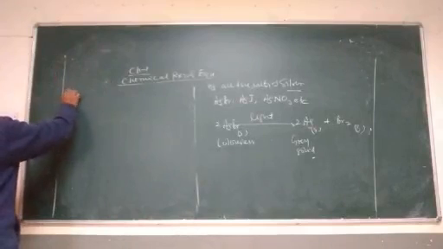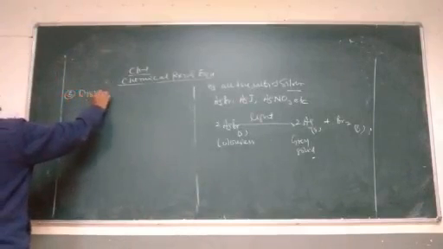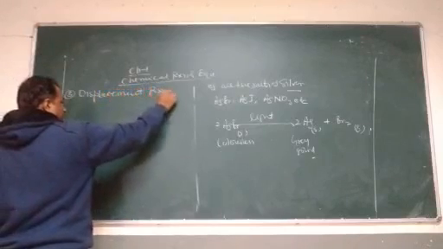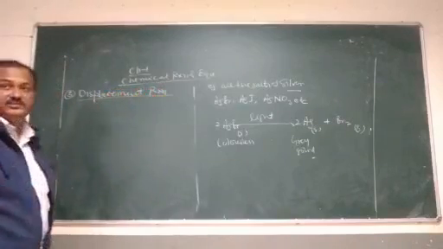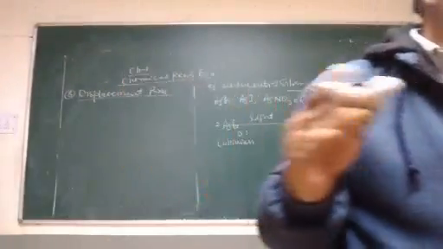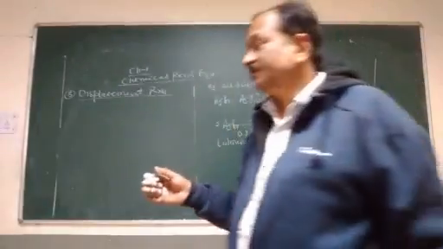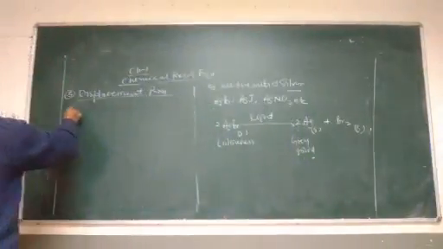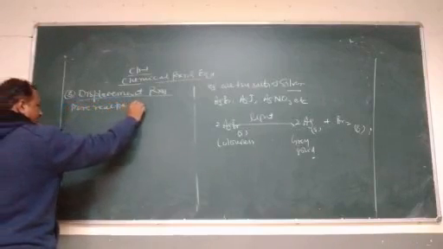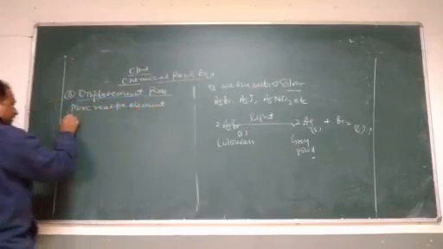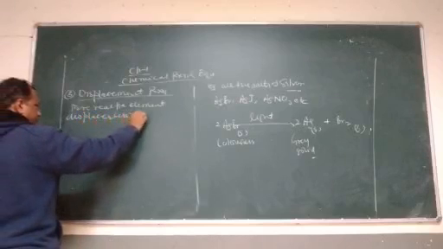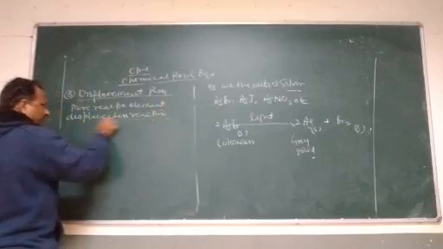Now third is displacement reactions. Displacement reactions are those reactions in which a less reactive element is displaced by a more reactive one. So, a more reactive element displaces a less reactive.